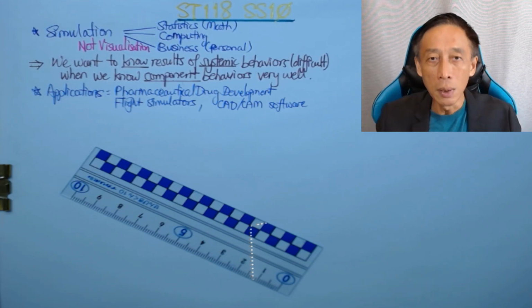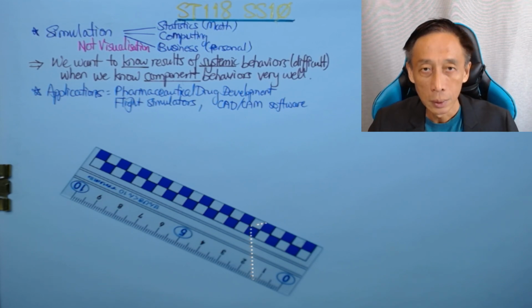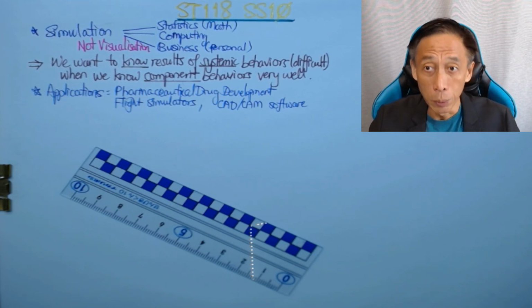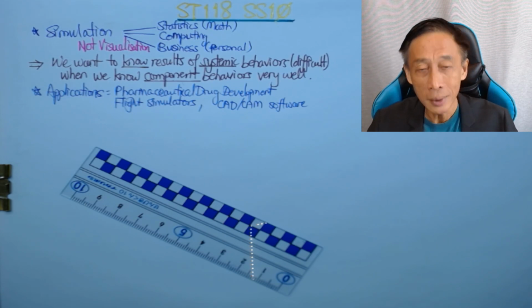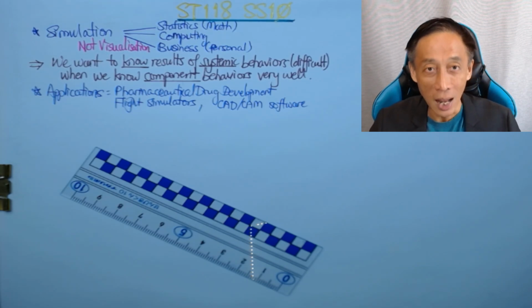So all simulation products will produce outputs, and perhaps it will produce outputs that we like: the drug works, the building doesn't collapse, the trainee pilot can fly and land safely.